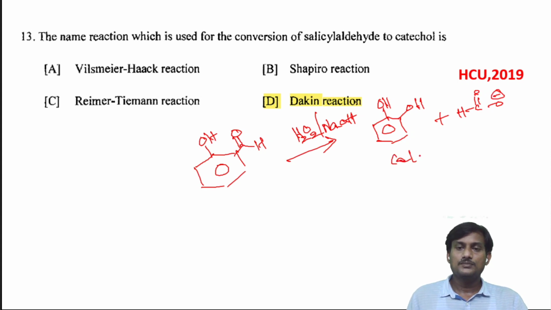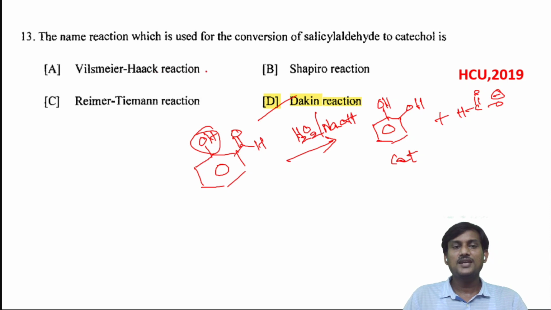This is the catechol. This reaction is called the Dakin reaction, the conversion of ortho-hydroxy aldehydes or ketones or para-hydroxy aldehydes or ketones into ortho-hydroxyphenols or para-hydroxyphenols.